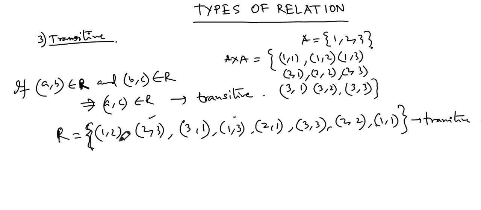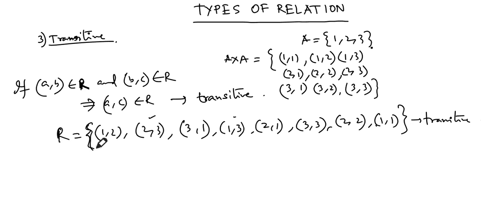If we take (1,2) and (2,1), 2 and 2 match, so (1,1) is there. And if we take (2,1) and (1,2), 1 and 1 match, so (2,2) is there. So if these elements are in R, then this is a transitive relation. And obviously if we omit any one of them, then the transitivity of this R is lost.